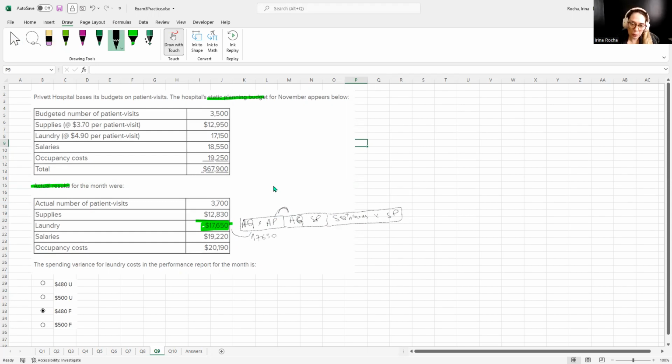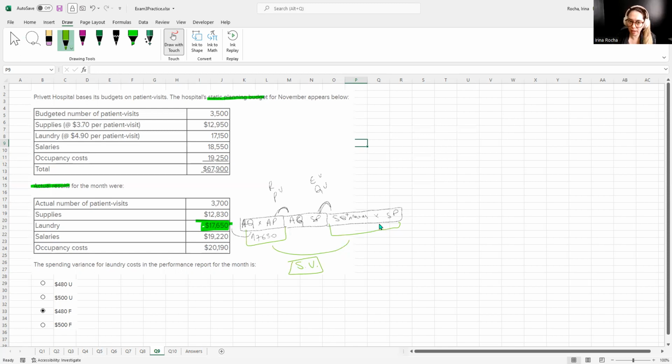The difference between the first two is the price or rate variance, which is not what they're asking for. The difference between the next two is the quantity or efficiency variance, but they're asking for the difference between the two ends of the equation, the spending variance.